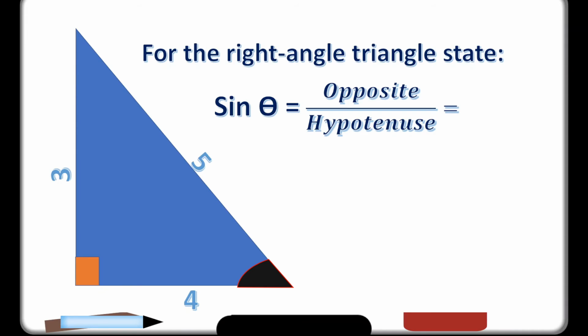Using the location of our theta in this triangle, we can see that our opposite is 3 and our hypotenuse is 5. So our sine theta ratio is 3/5. Next, we move on to cos theta.